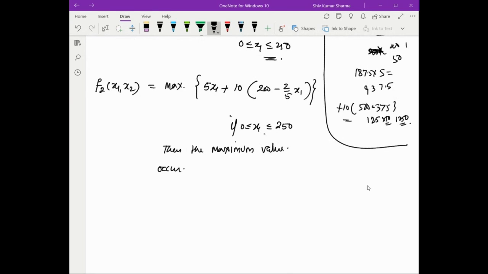At what value does the function take its maximum value? We substitute various values of x1, which gives us x1 equal to 187.5.